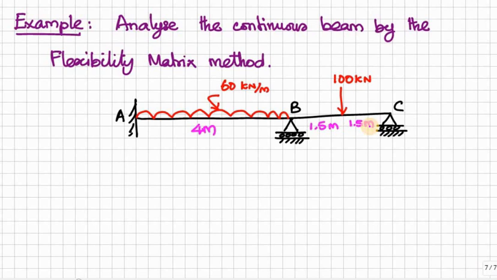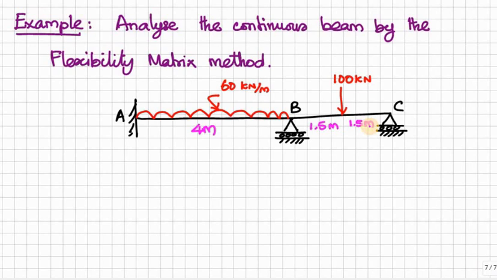As the first step in solving this problem using flexibility matrix method, first we have to find out the redundant forces. How many redundant forces does the structure have? What forces can be considered as redundant forces?